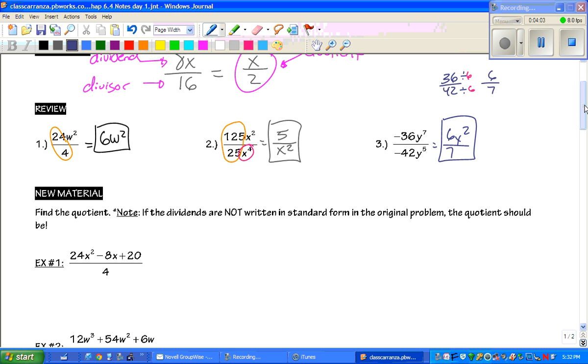Our little hint is to divide each term, every single term, by the monomial. After you do that, you need to reduce, and always write it in standard form.